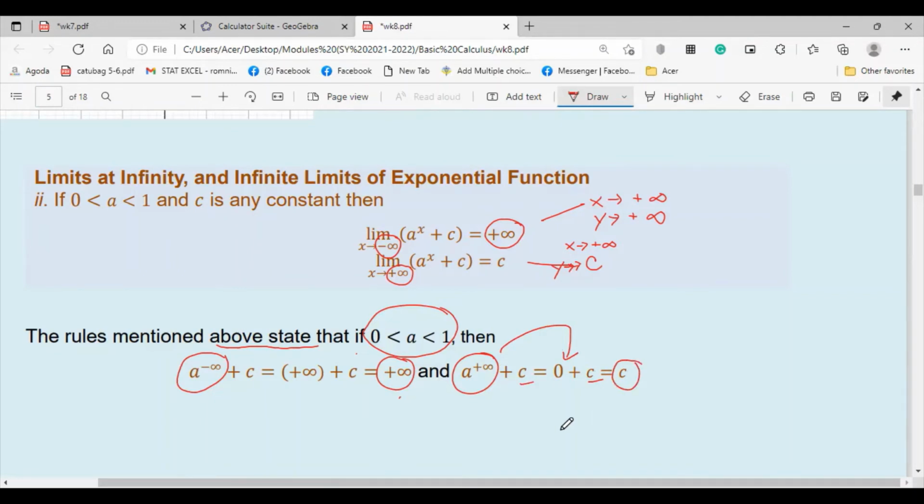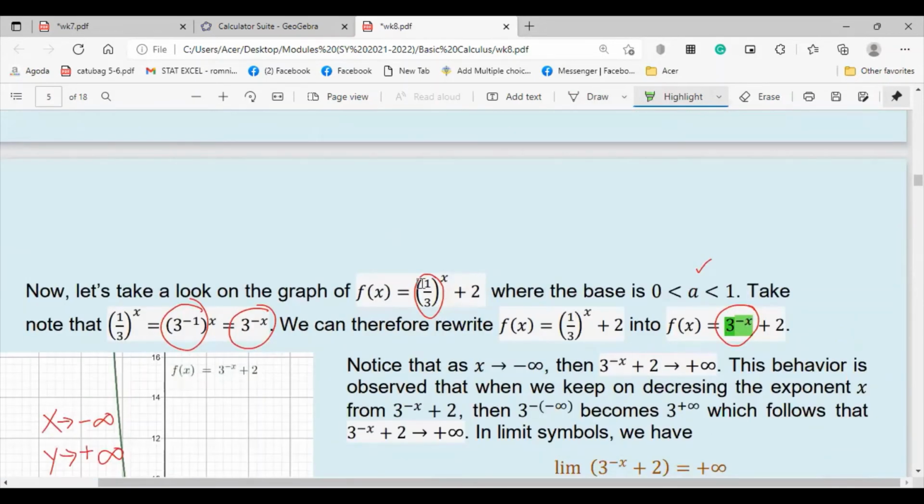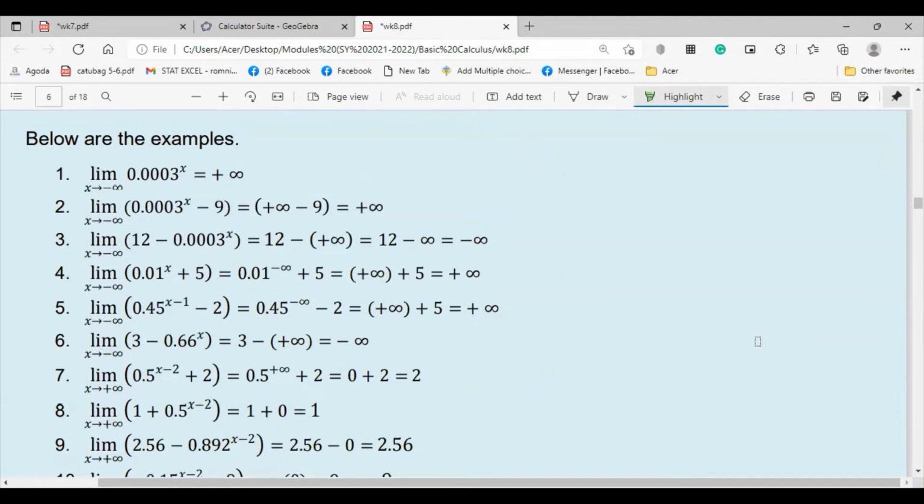Okay? So intindihin natin. So to give you a picture of that class, ito yung condition. Pero sasabihin ko mamaya kung ano ba yung dapat mong intindihin. Paano kung gawin mo na lang itong 3? Base 3 tapos negative x. Okay. Ito yung mga i-realize natin mamaya. Halimbawa, ito class.